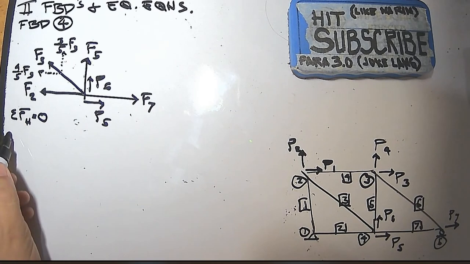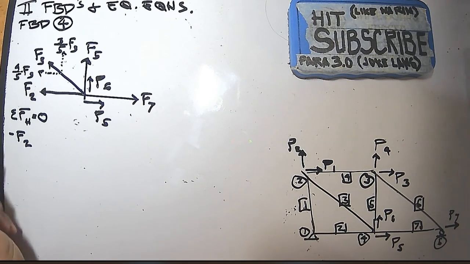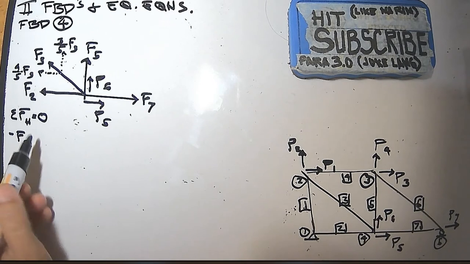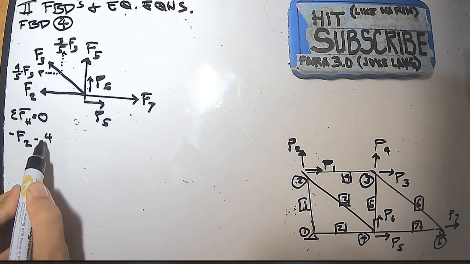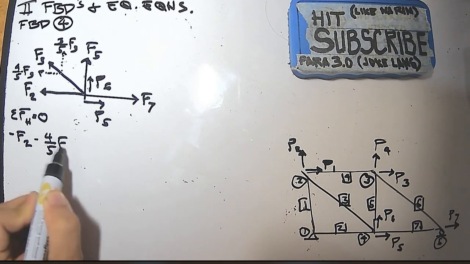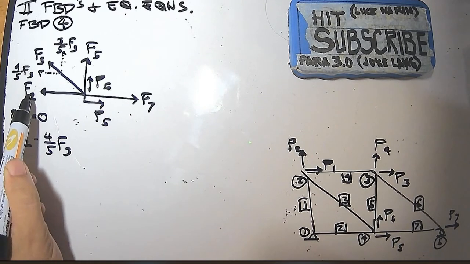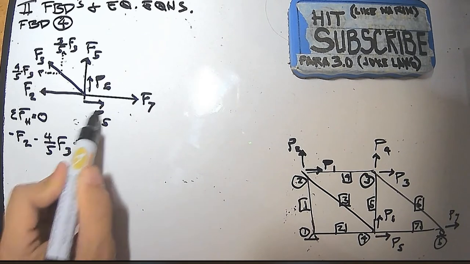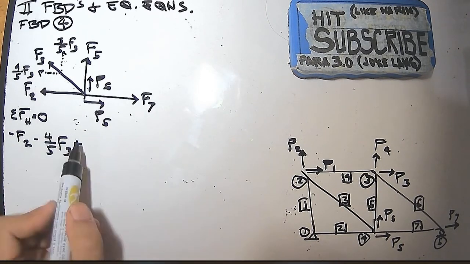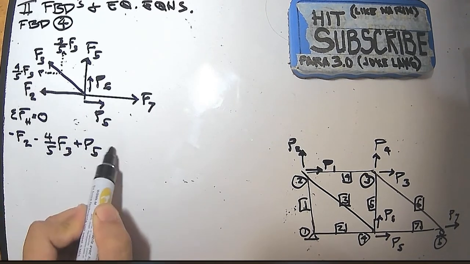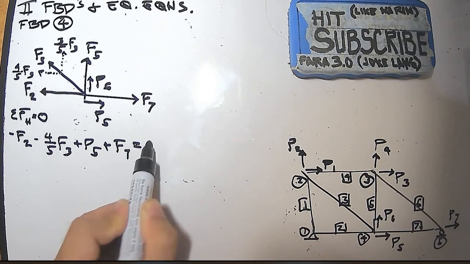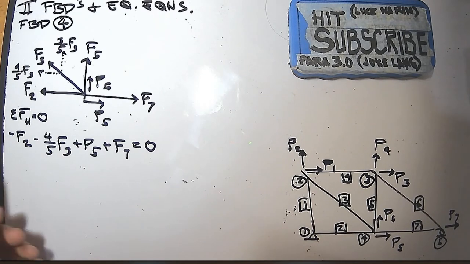Okay, so minus F2 followed by F3 minus 4/5 of F3, and then we have P5 positive kasi rightward siya, plus F7 is equal to 0. Okay, next is, i-isolate natin yung P forces.